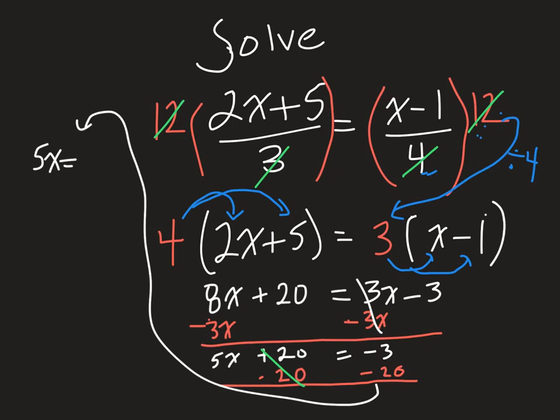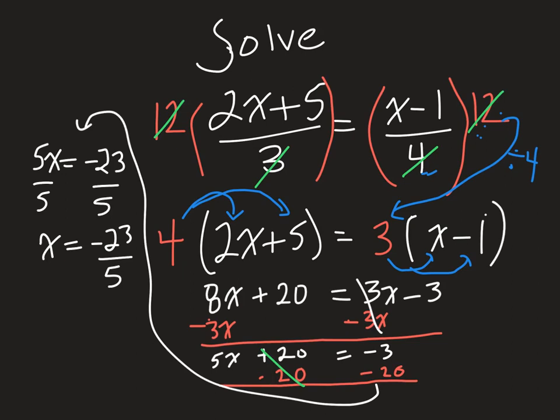And negative 3 minus 20 is negative 23. So this is not going to be a pretty looking answer. So the next step I'm going to do is divide by 5, and x equals negative 23 over 5, which is a perfectly fine answer.